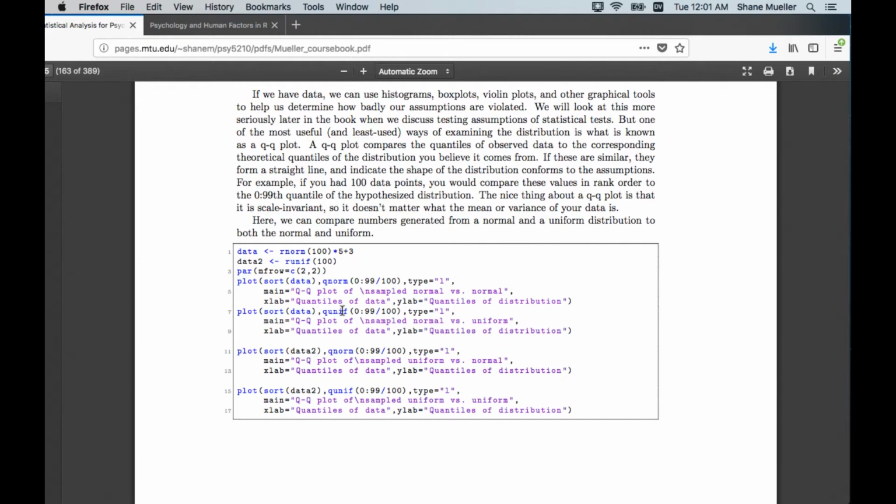But here, what I'll do is sample from a normal and a uniform, and then compare with a QQ plot to the hypothetical quantiles of the normal and the uniform for each one of these. And you see I just sort these. This puts them in order of quantiles. Since there's 100, it puts them in order of the 0 to 100th quantile, or the 0 to 99th quantile.